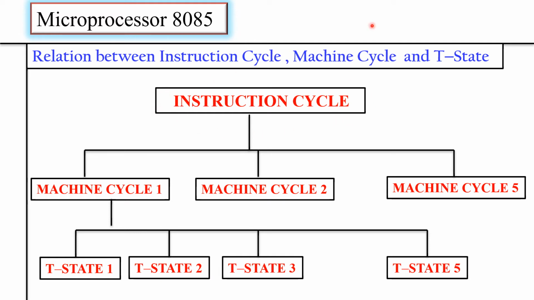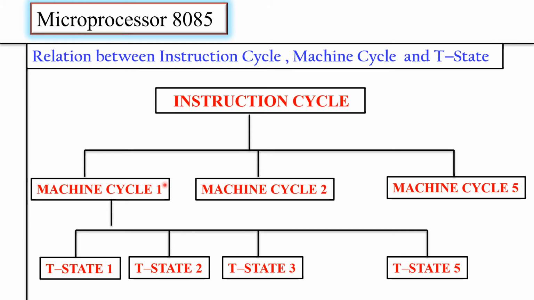That is nothing but the instruction cycle, which consists of 1 to 5 machine cycles, depending upon the instruction you are executing. Each machine cycle is a read or write operation between the processor and memory or IO devices.